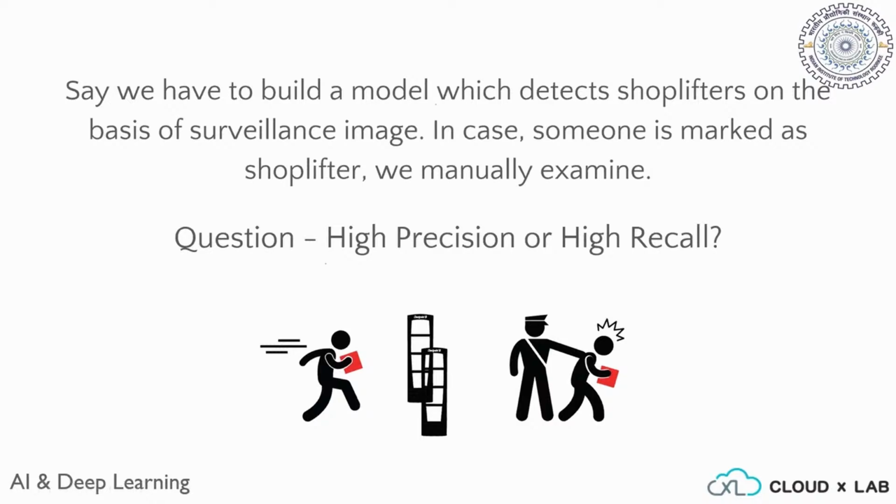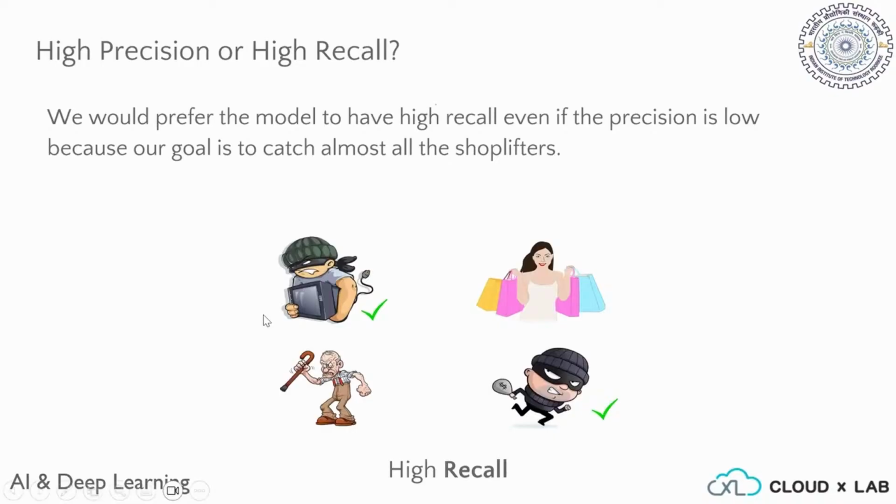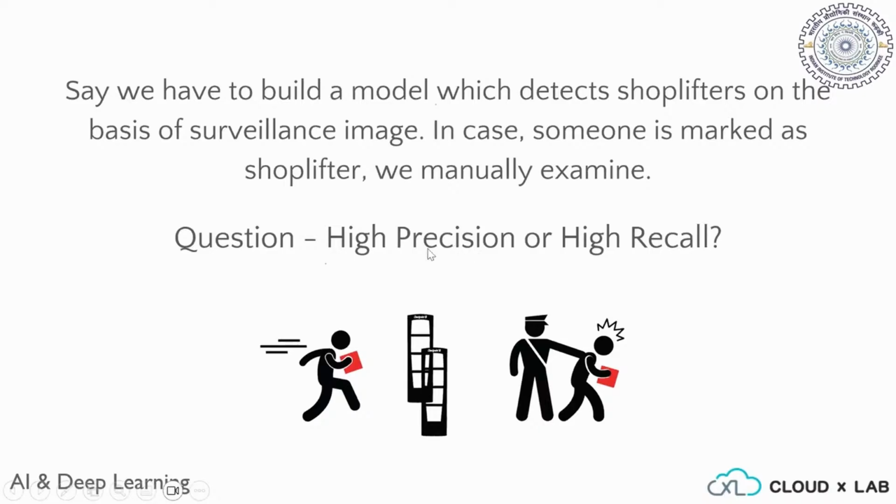We want to capture all true cases of shoplifters, and we do not want to miss any shoplifter case. And since recall is high, precision will be low. There will be several false alarms, right? Because we are increasing recall.